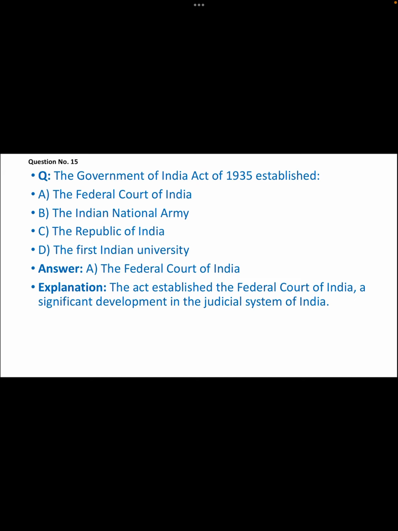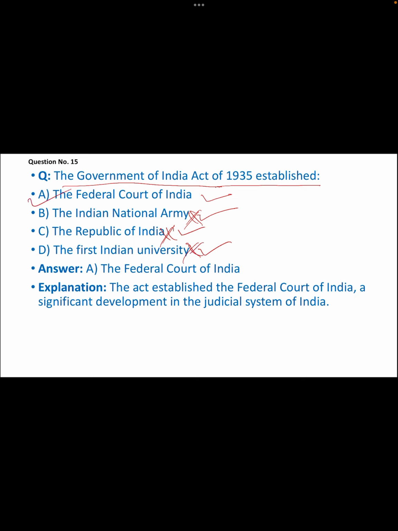Next question. The Government of India Act 1935 established what? Option A, Federal Court of India; Indian National Army; the Republic of India; the first Indian University. These are all incorrect. The Indian National Army is incorrect, the Republic of India is incorrect, and the first Indian University is also incorrect.